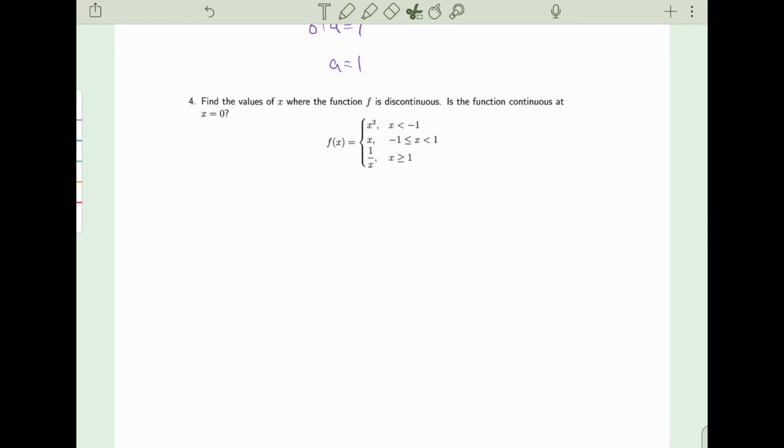As before, this is a piecewise function. So for the piecewise function, the only potential places where the function could be discontinuous are those breakpoints. So we're gonna find out the breakpoints first, okay? There are two breakpoints here, that is -1 and 1.